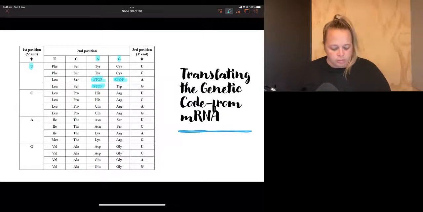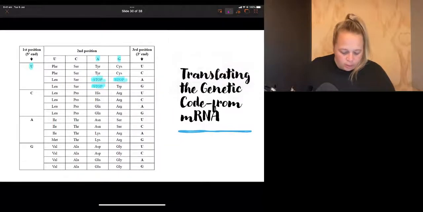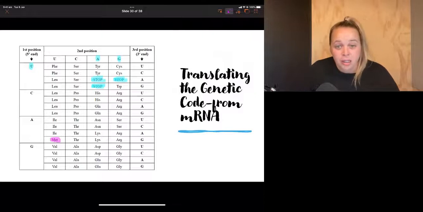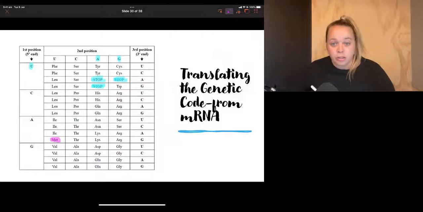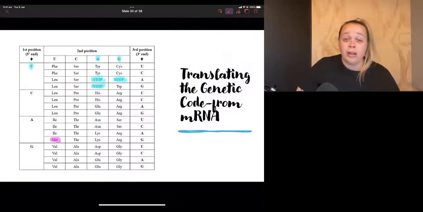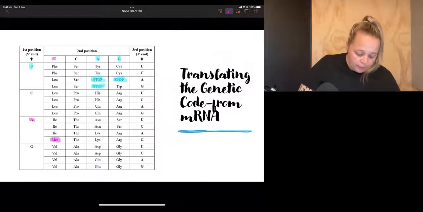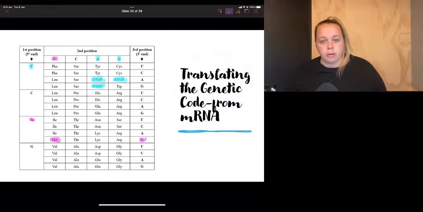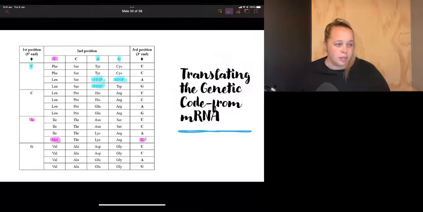Now they're all our stop codons. And then in addition to that, we've also got one start codon. So every single protein in the human body or in any protein always starts with this one codon. It always starts with A, U, G. Yeah, that's how all proteins start, which is pretty cool to think that way.